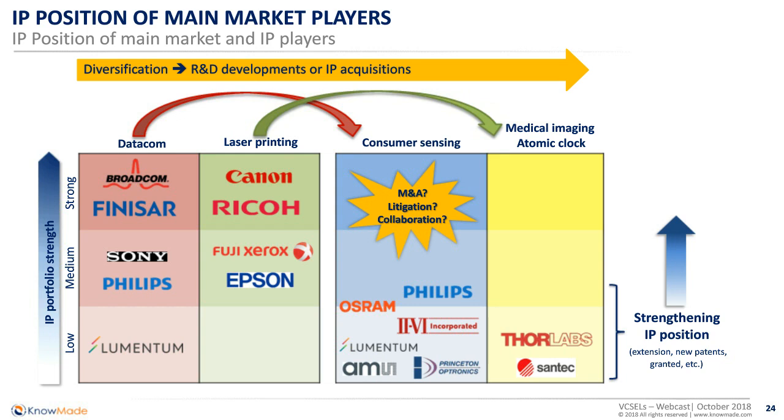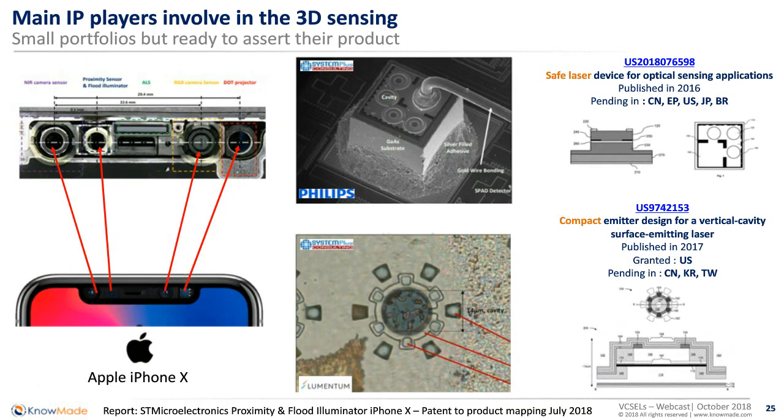And finally, I just want to highlight a specific thing related to VCSEL. Even if, for example, Philips or Lumentum, the specialized players, have a small portfolio, their portfolio is really dedicated to strengthening their market position.